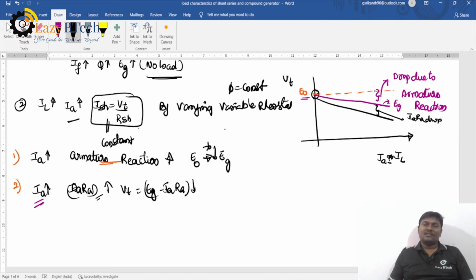So from no load to full load, the terminal voltage is almost constant.